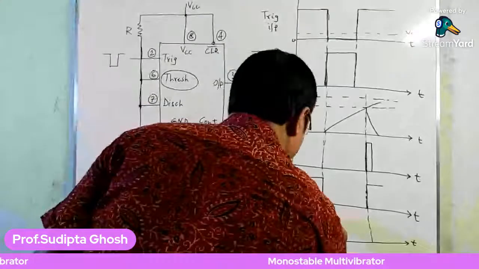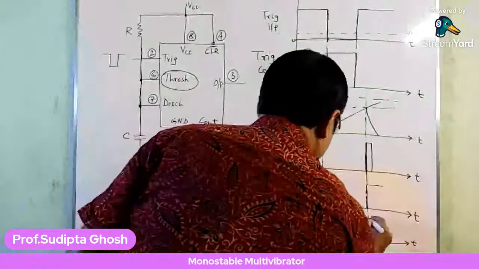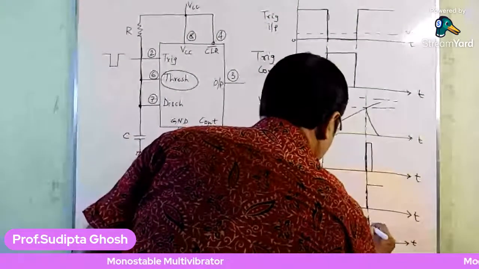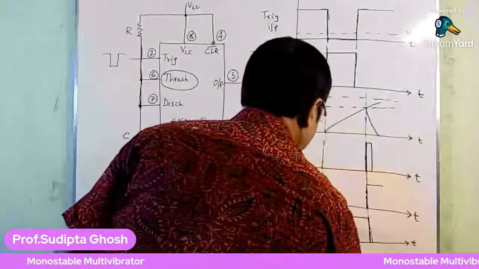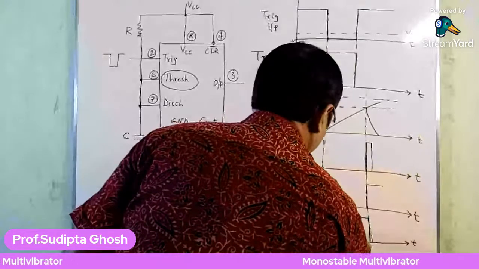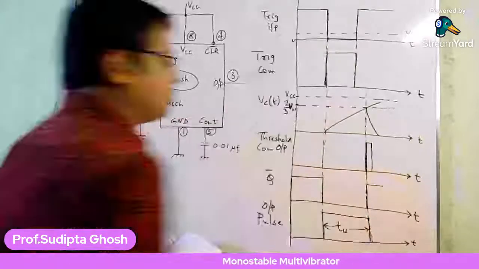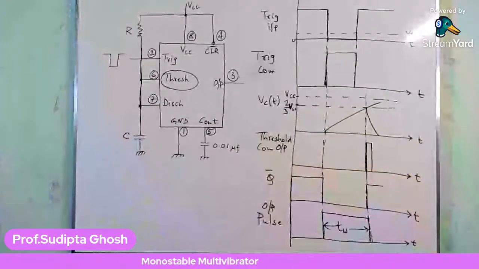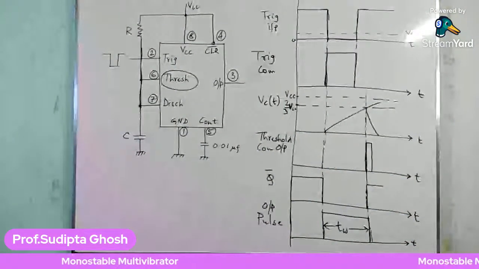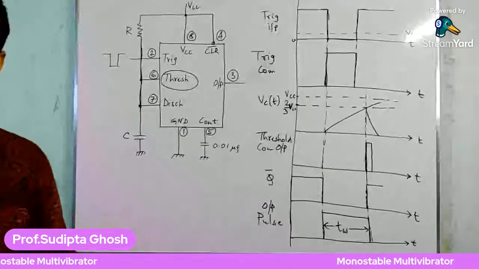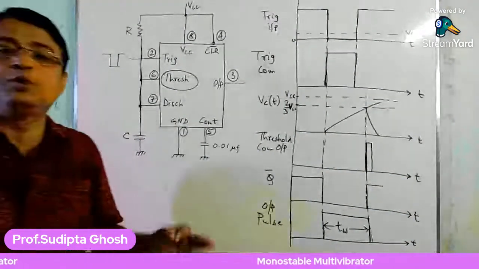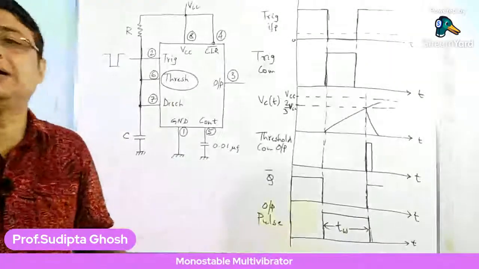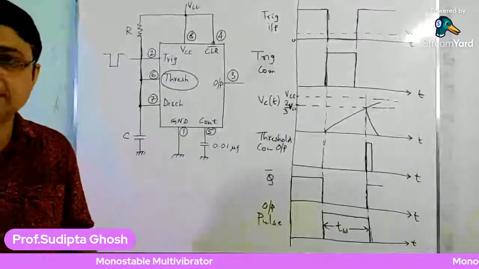So this is the width of the pulse TW, for which the output of the monostable multivibrator goes high.